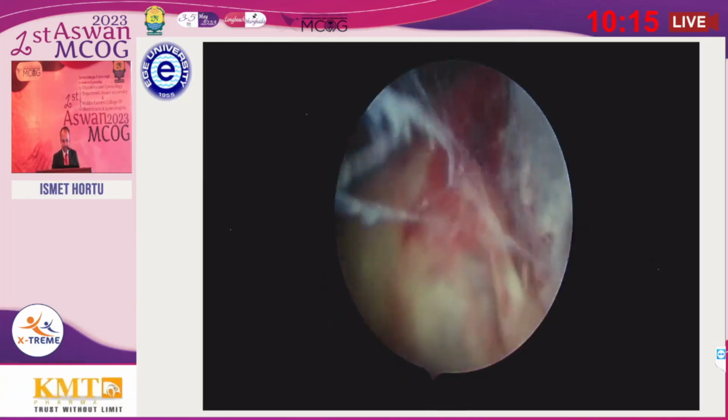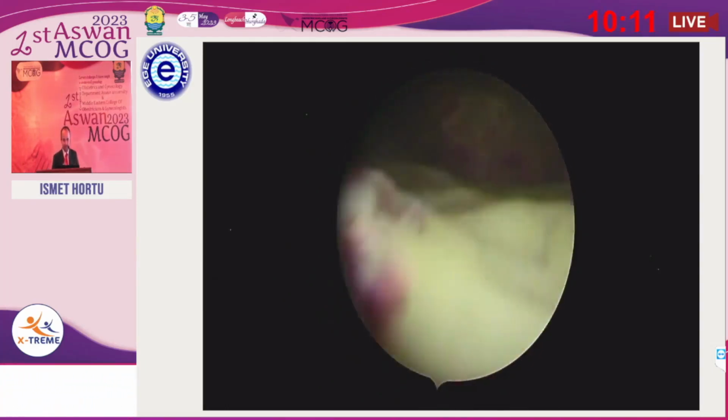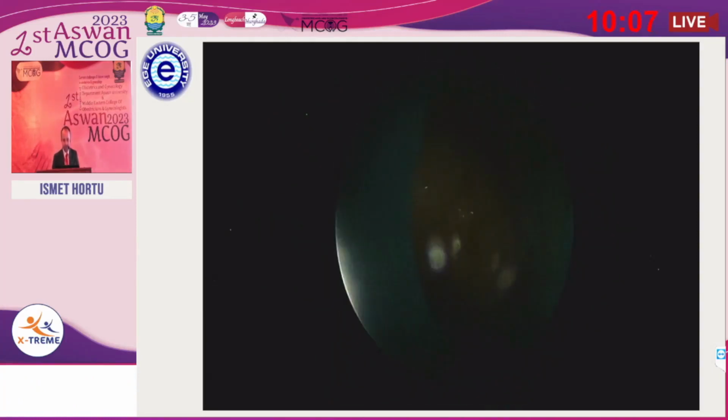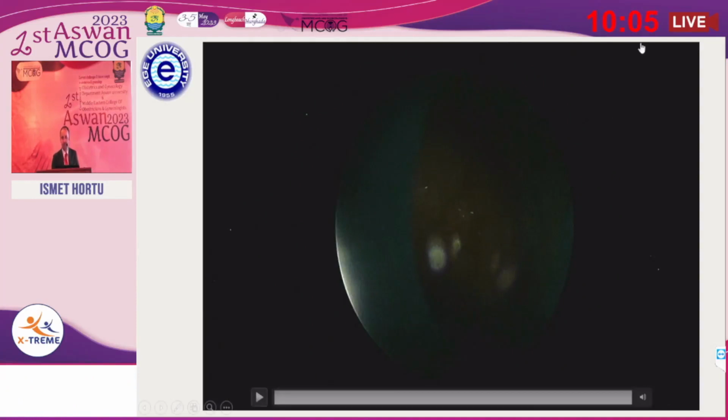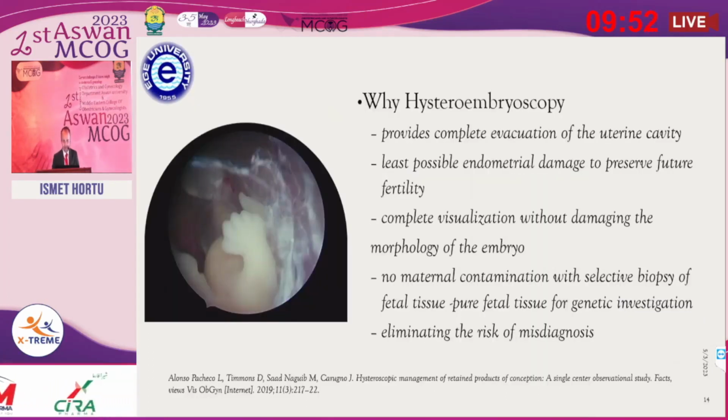So we eliminate the maternal contamination and we can take a biopsy with forceps or microforceps from the fetus to investigate the whole chromosomal genome of the fetus. There are some drawbacks of blind curettage, such as cervical trauma, uterine rupture, bleeding and infections. And I have told you why we choose this method.